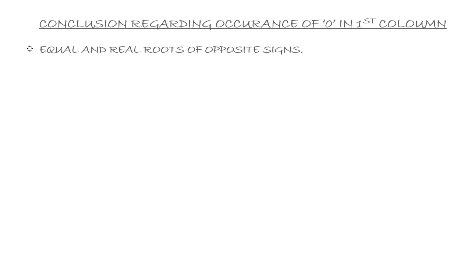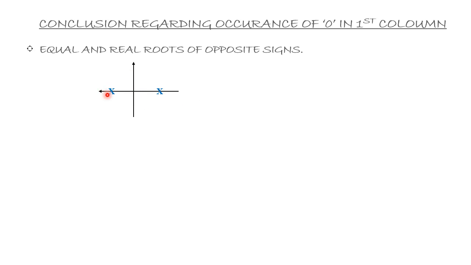Okay, it means two things: either equal and real roots of opposite sign, or a pair of pure conjugate imaginary roots. So this is given as this thing.